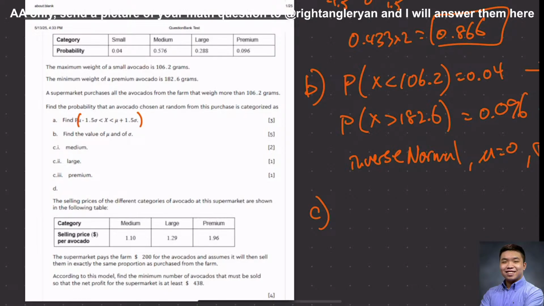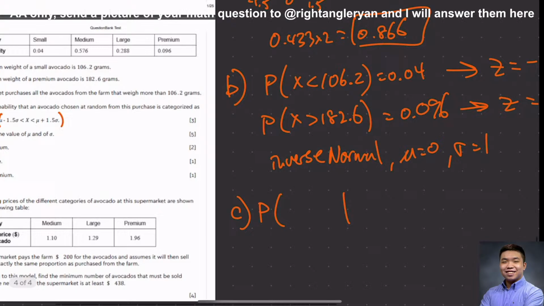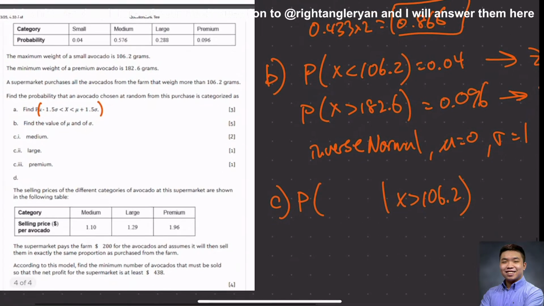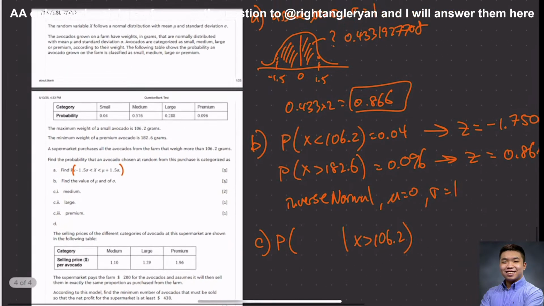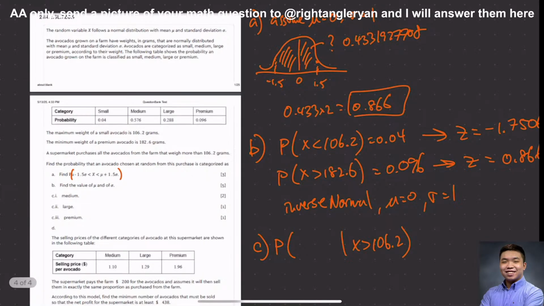You already know that it weighs more than 106.2 grams. You want to find the probability that it is medium. What is a medium avocado? Did they tell you? No, they did not.